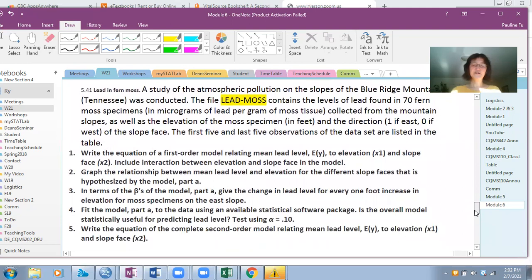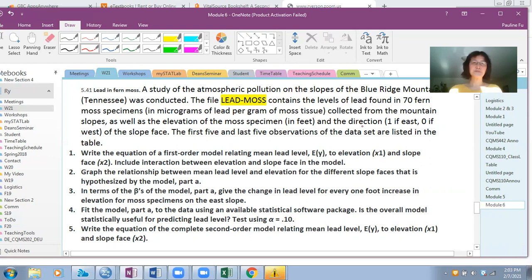So this question, last question here. A study of atmosphere pollution of the slopes of Blue Ridge Mountain in Tennessee was conducted. The file lead moss contains the level of lead found in 74 moss specimens collected from mountain slopes, as well as the elevation of the moss specimen.